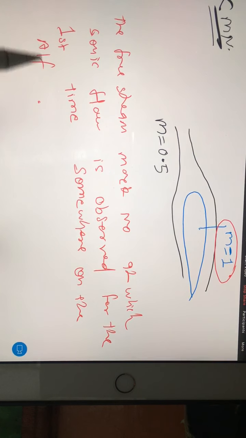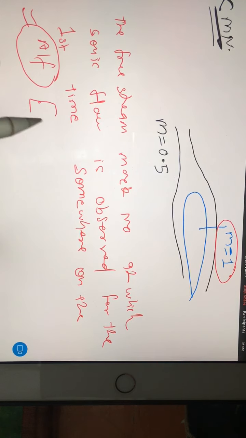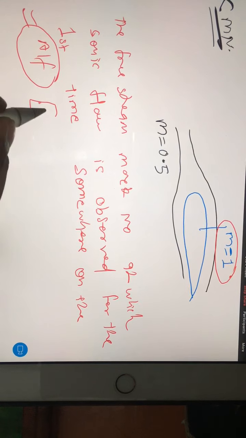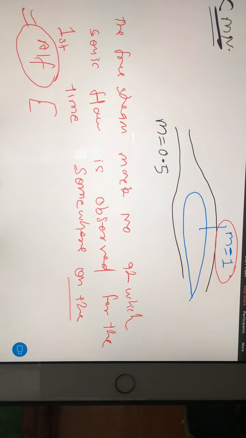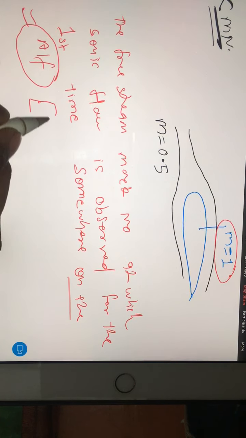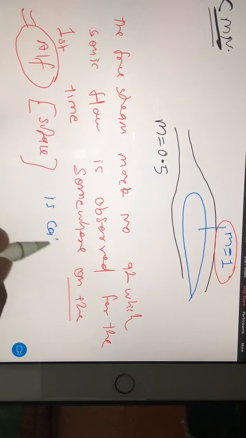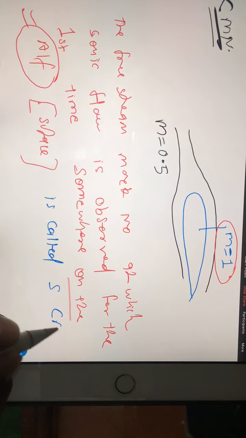Right now we are discussing the airfoil, that's why I have written airfoil, but it can be on any surface, on a cylinder, on a circle, anywhere. So in the bracket you can write surface: on the surface, is called the critical Mach number.